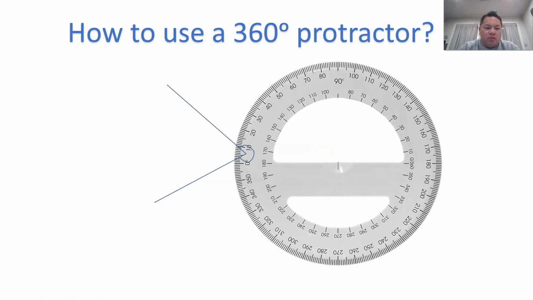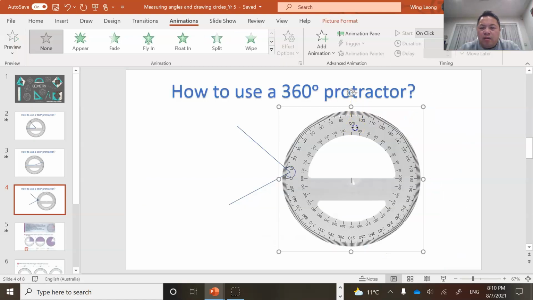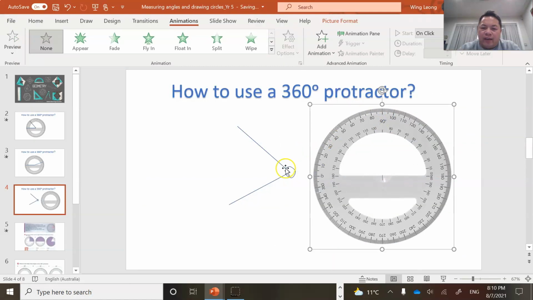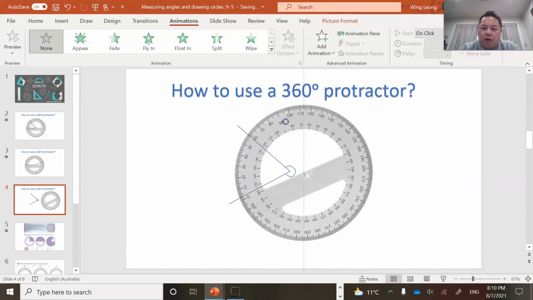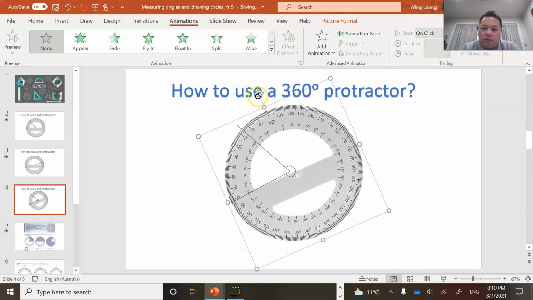So now, how do we go about using a 360 degrees protractor to measure angles? In this case, we are supposed to measure a reflex angle here. Same thing, you just have to adjust your protractor accordingly, move it along. I hope you can see what I'm doing.